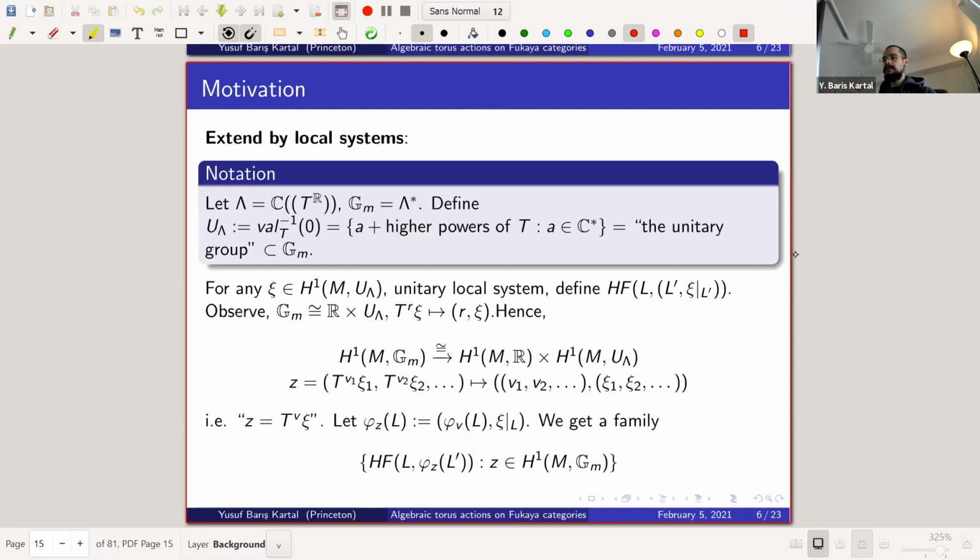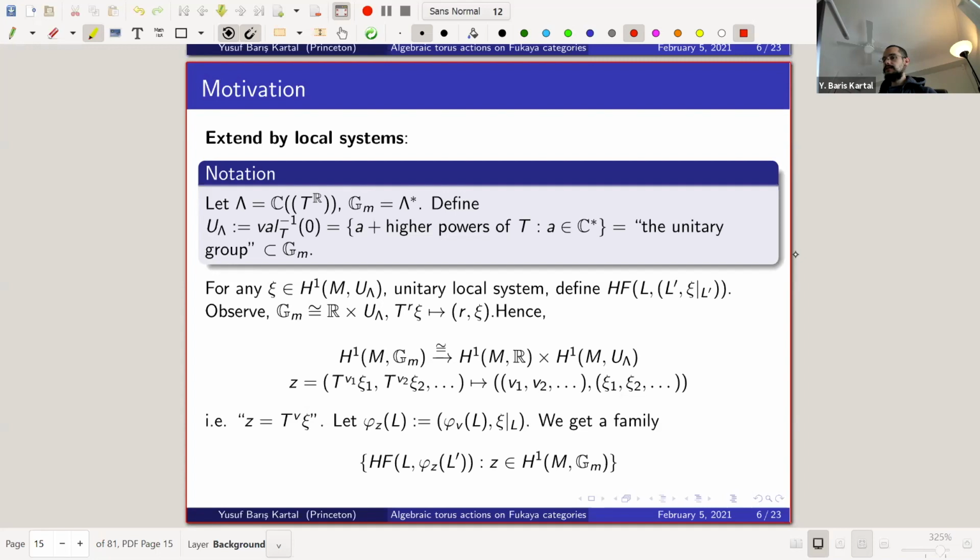And I will use phi Z of L, defined to be the pair phi V of L, comma, Xi restricted to L. And you can now define the Floer homology of L with phi Z of L prime. This is, in addition to applying phi V to the second component, twisted by the unitary local system.